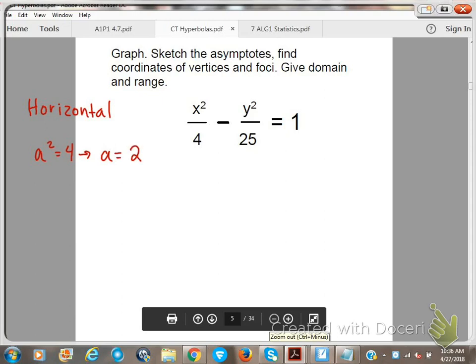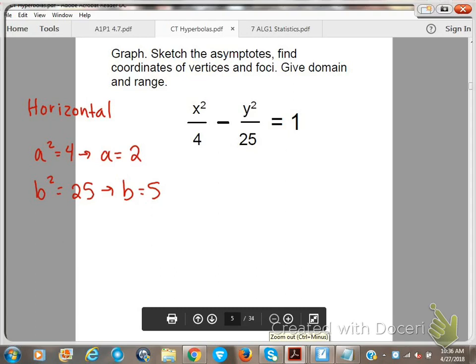Good. Lexi, what's in the b squared spot? Which means b is going to be what? 5. Good. Now, it does not matter which one's bigger. What matters is which one comes first. With the ellipses, it mattered which one was bigger. That's what determined whether it was up and down or left and right. With hyperbolas, whichever variable comes first determines whether it's horizontal or vertical.